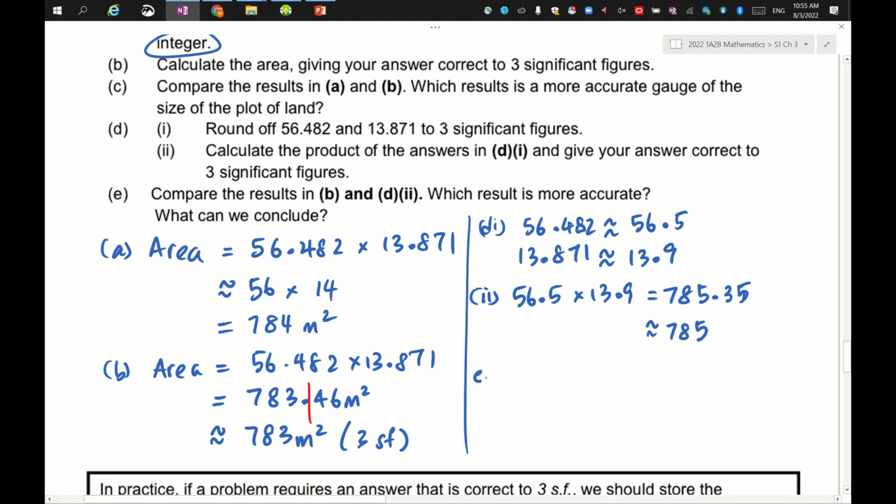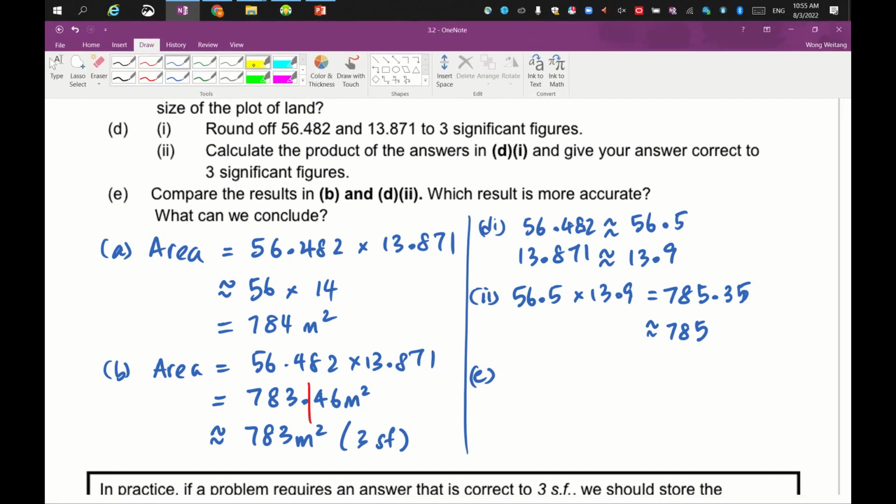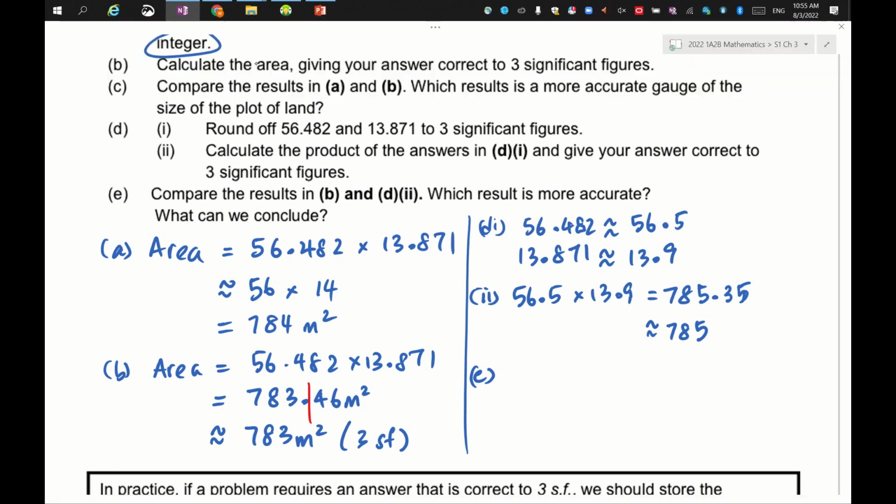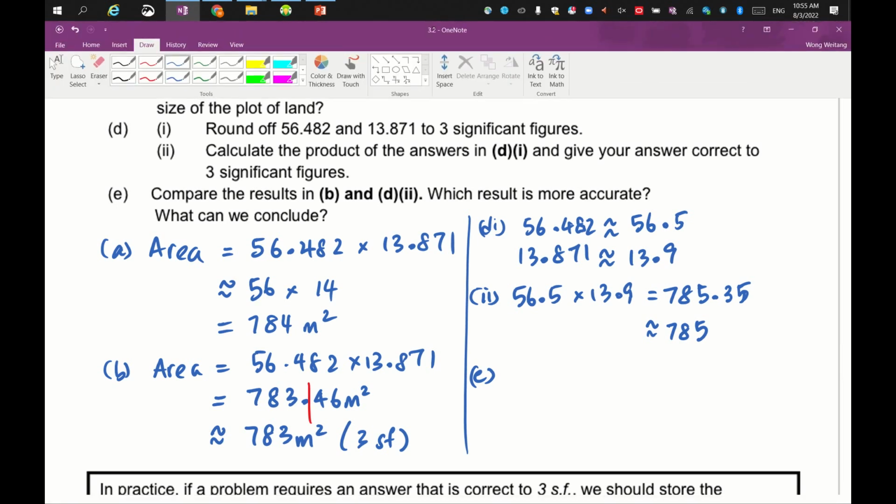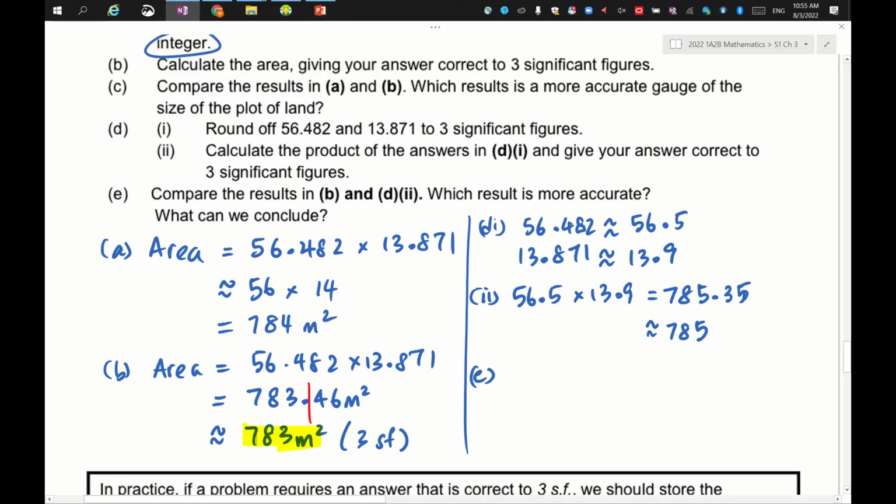In E, it says to compare the results in B. Okay, so the results in B, our 783 versus D part 2, 785. Are they the same? Alright.